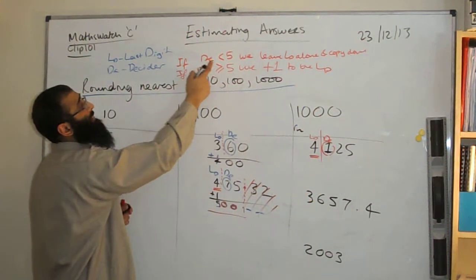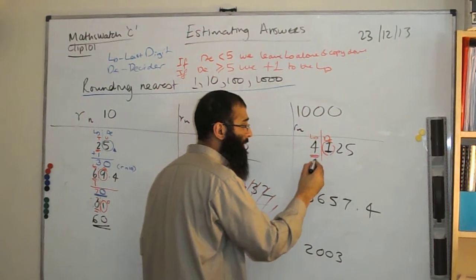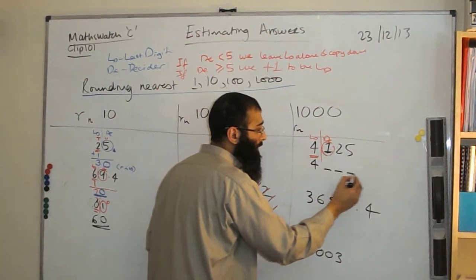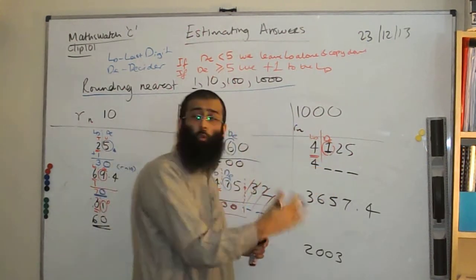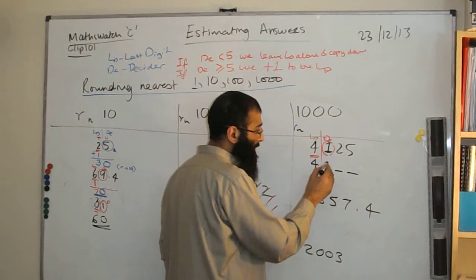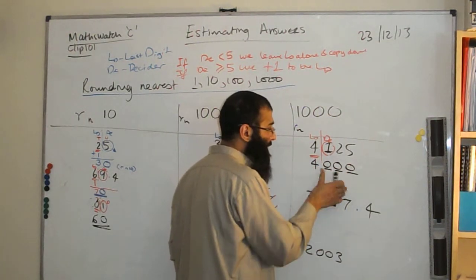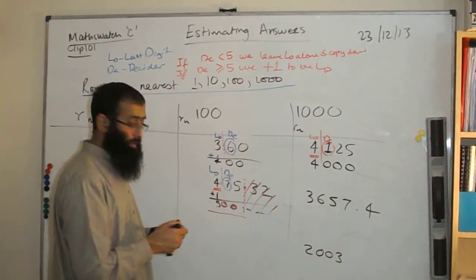If the decider is less than 5, we leave the last digit alone and just copy it down. Now, what do we do, Hassan, with the remaining 3 gaps? We fill them up with zeros. So the answer becomes 4,000.